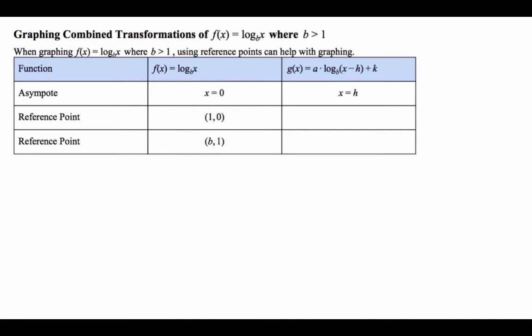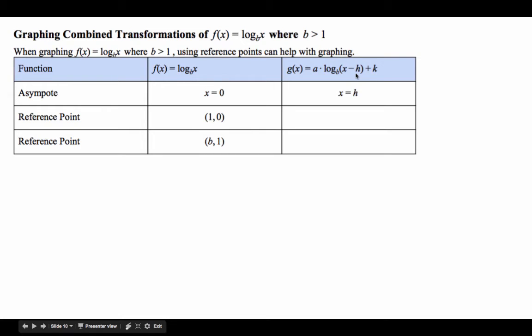But the technique that we'll be using is 2 reference points, just like we did with exponential form. The first one was 1, 0, and then b, comma 1, and asymptote was 0. When you apply the transformation of vertical stretch or compression by a, or even reflection here, and we got h and k.